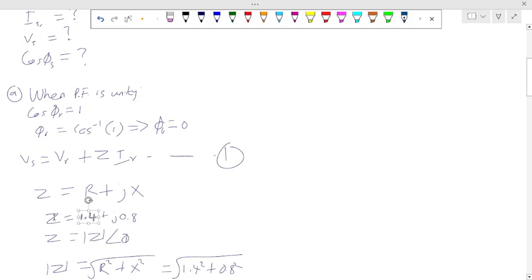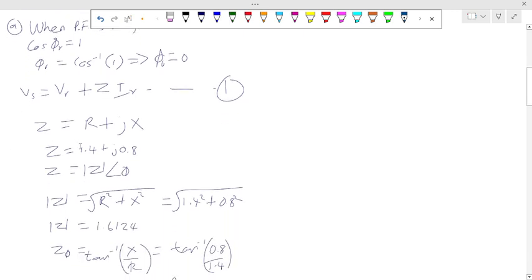And then, to represent the impedance in polar form, we need its magnitude and its angle. To get the magnitude, we take the square of each, add them, and then take the square root. We've done this formula in the previous videos, and we just substitute in the values and get this as the answer.